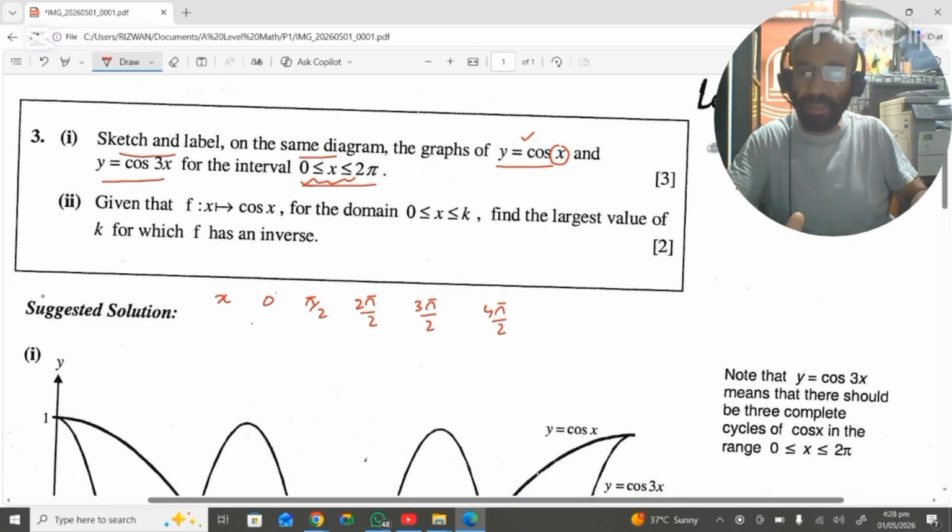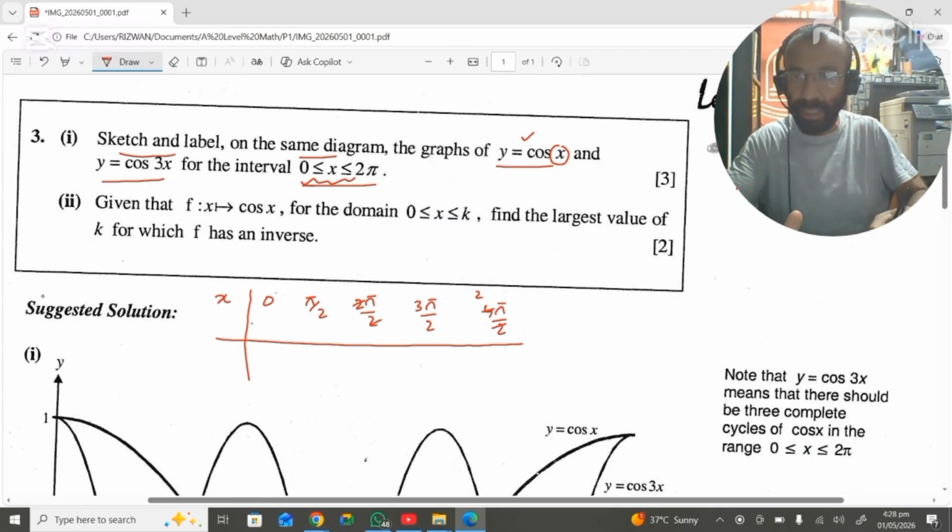Make it simple: 2 is cancelled by 2, and 2 2s are 4. These are the values which will be taken on the x-axis for the graph y equals cos x.